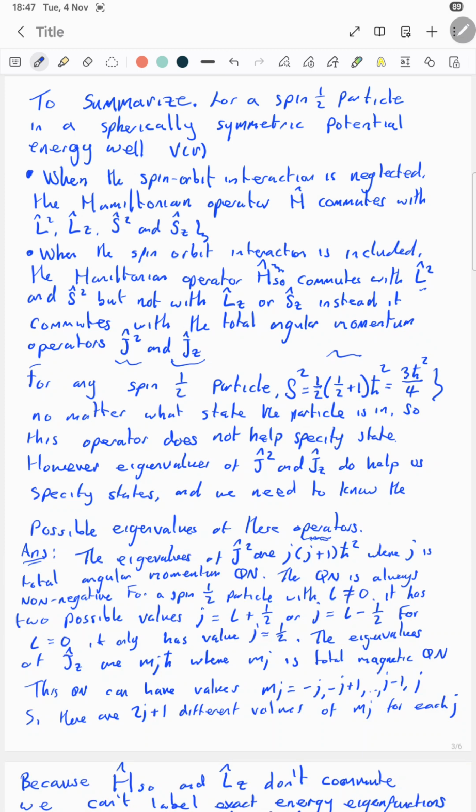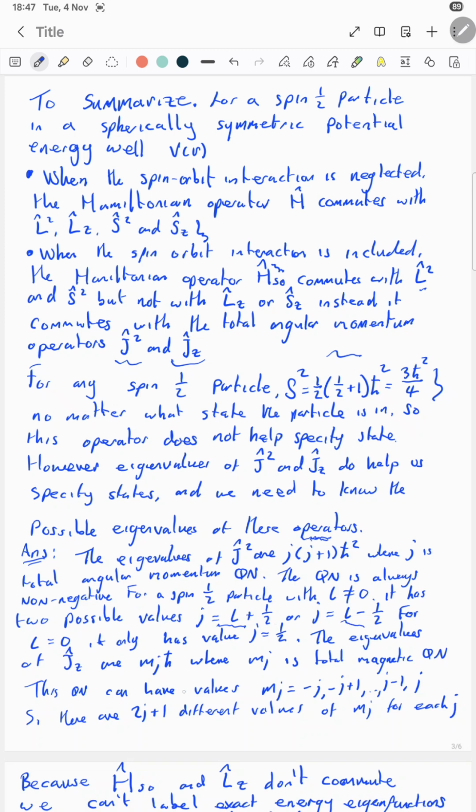We had the operator L. The eigenvalues are J times (J plus 1) multiplied by h bar squared, where J is the total angular momentum quantum number. The quantum number is always non-negative for spin 1/2 particles, with L not equal to 0. It has two possible values, J equals L plus 1/2 and J equals L minus 1/2.